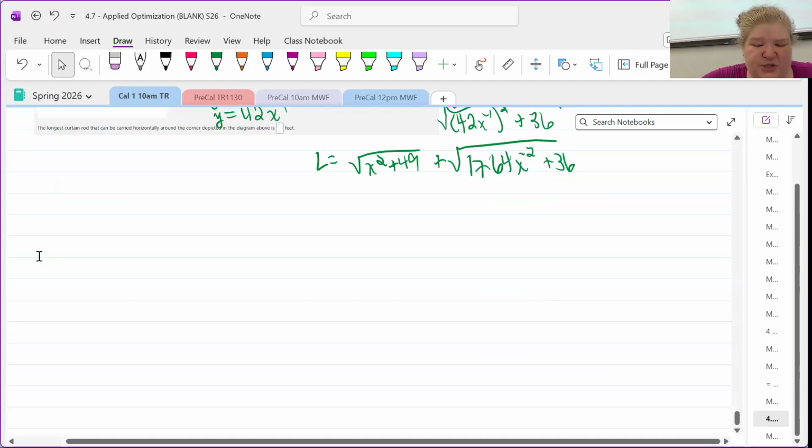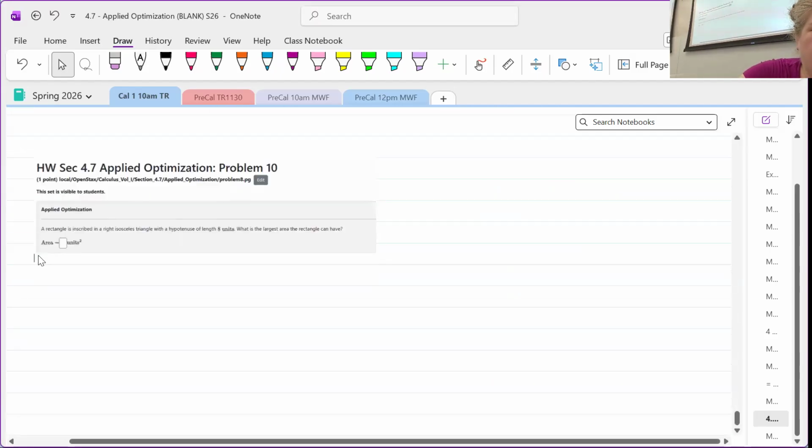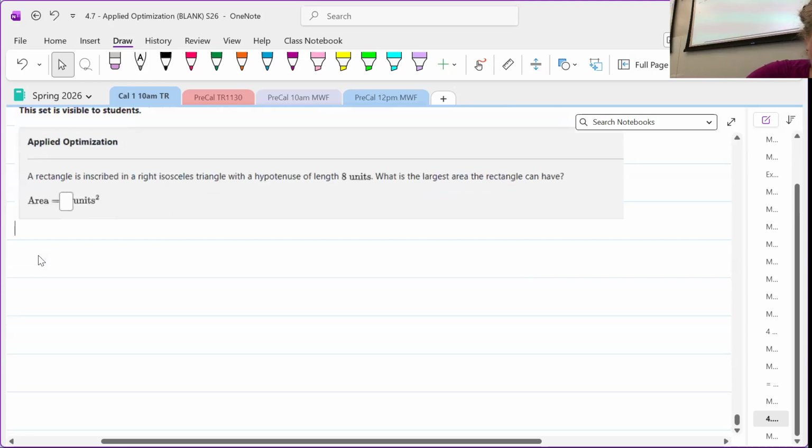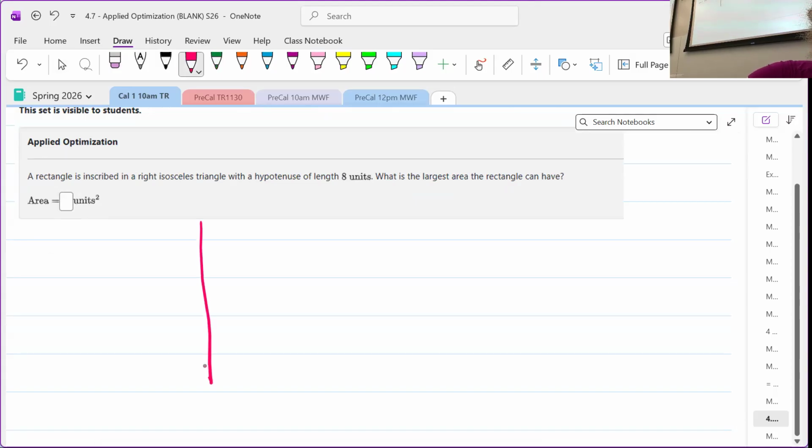All right, real quick, let me just throw problem 10 up here. So we have a rectangle inscribed in a right isosceles triangle with a hypotenuse length of 8 units. All right, so there is roughly a right isosceles triangle.